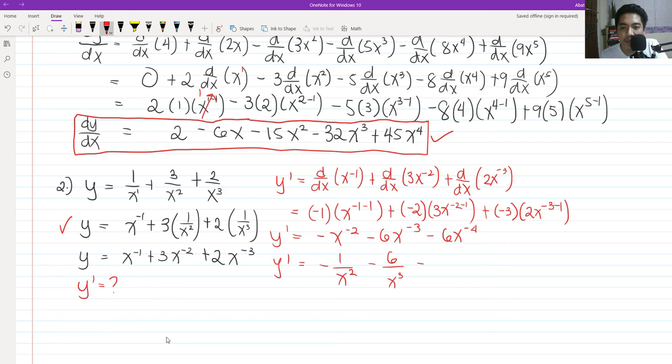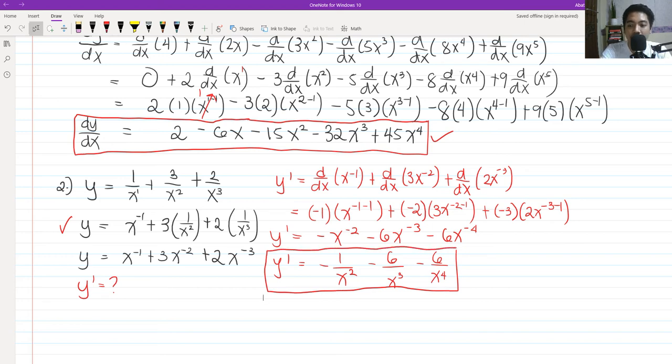Then we have negative 6 all over x raised to 4. Remember that this 6 and this x raised to negative 4 are in multiplication. So we can separate it just like what we did here and then get the reciprocal. Okay? So this would be our final answer for our derivative.